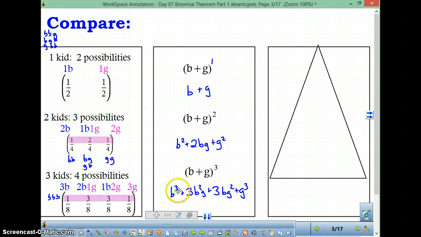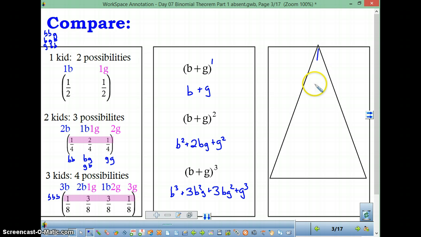Do you notice that the coefficients of the B are getting smaller? The coefficient here is 3. Here it's 2. Here it's 1. Here there's a B to the 0 power, but we don't put it because anything to the 0 power is just 1. Okay. This is Pascal's triangle.